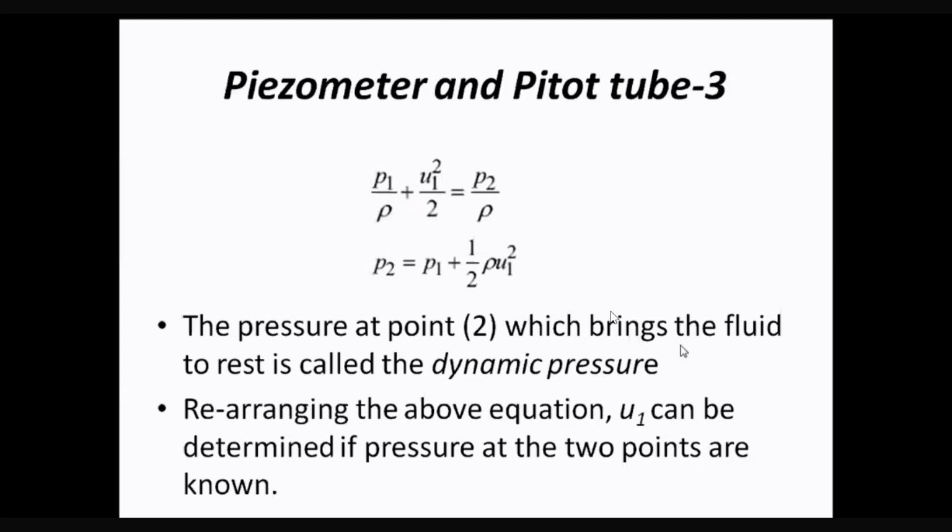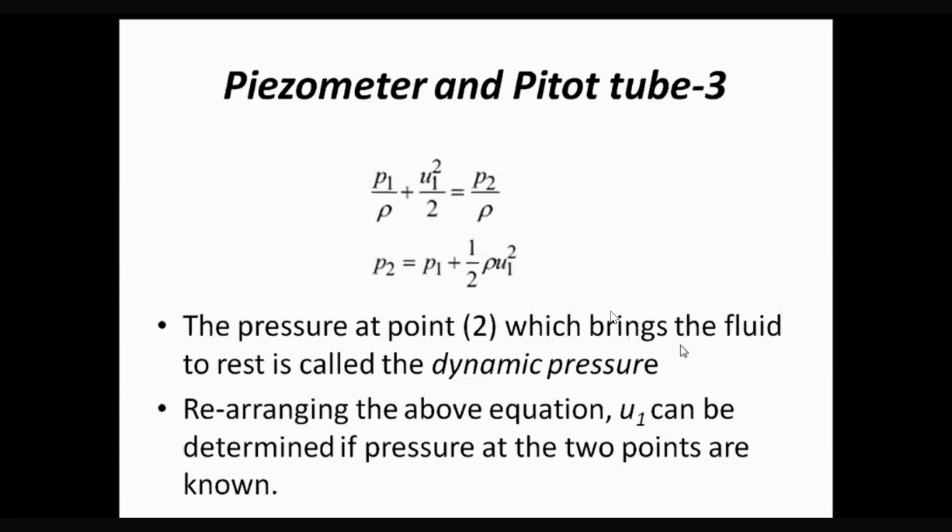No, we started with Bernoulli's equation: P1 over rho G plus V1 squared over 2G plus Z1 is equal to P2 over rho G plus V2 squared over 2G plus Z2. But we said points 1 and 2 are at the same elevation, so Z1 and Z2 go out. We said that at point 2 there is stagnation, so velocity V2 is 0.